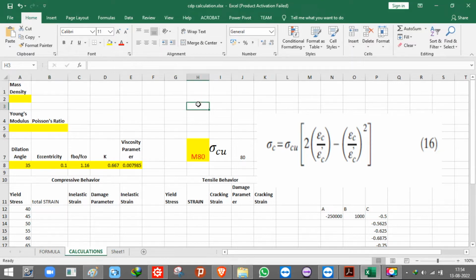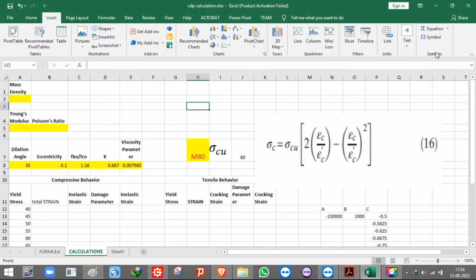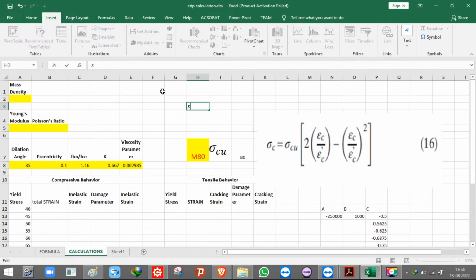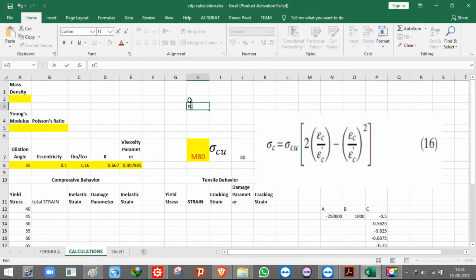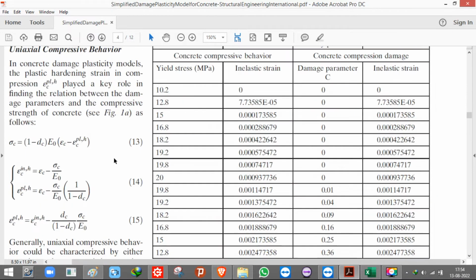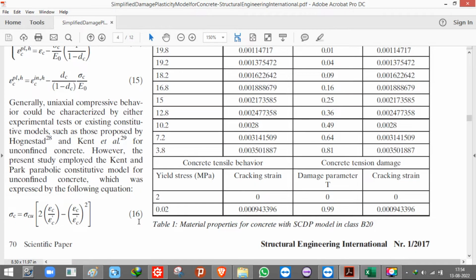If I insert the symbol from here, it is very difficult. Oh, okay, I got it. And epsilon, and I'll write C in suffix. Okay, epsilon C, and I also need a dash, epsilon C dash. This value is given as 0.002. This has been given over here. I have taken it directly from this data.